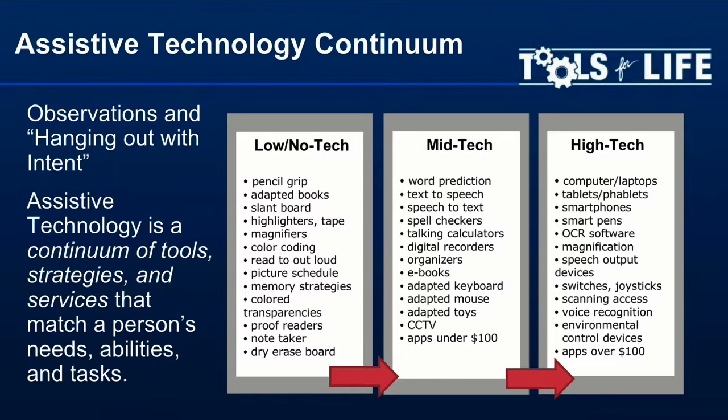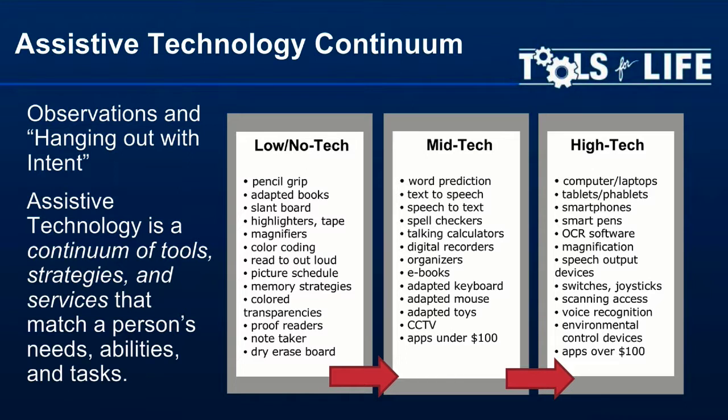And then you'll see that we move more towards middle tech, and these could be items that are just up one level. Maybe they use batteries, they have to be plugged in, some spell checkers, talking calculators, digital recorders, ebooks, all sorts of adapted keyboards, mice, toys, even apps that are under $100 would fall under that middle tech category, if you will.